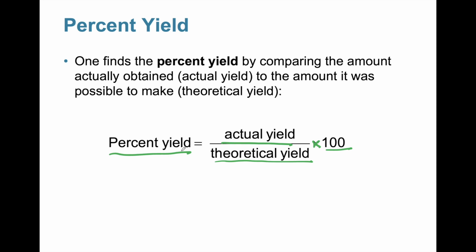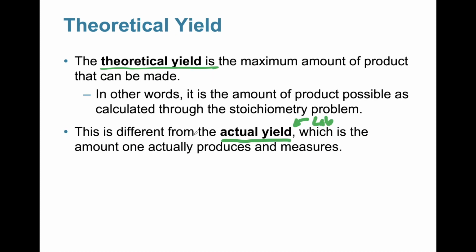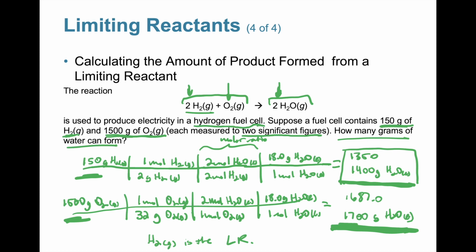So let's just do a really quick example here. So with actual and theoretical yield, I would not use the rounded form of the product grams in there. I would actually use the unrounded first, and then you can round later. And so I'm just going to use 1687 for this one.